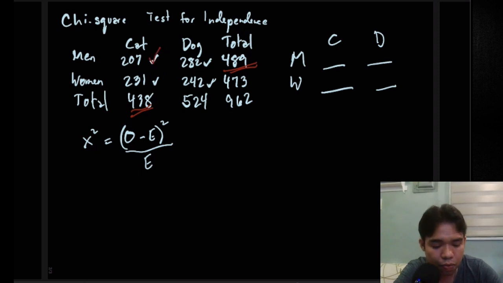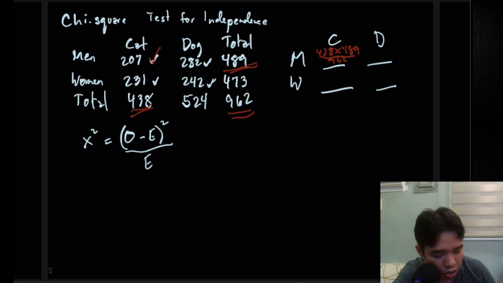So 438 times 489 divided by the grand total, 962. You compute that using a calculator, and you will get this value.